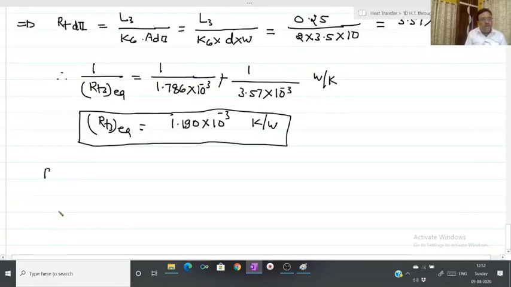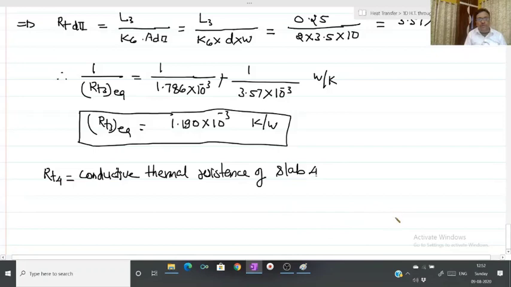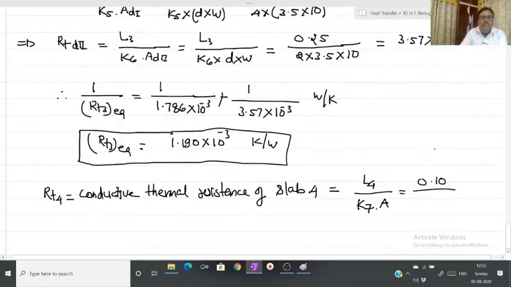Now comes RT4, that is conductive thermal resistance of slab 4, and it can be given as thickness L over K, so L4 over its thermal conductivity K7 into area A. L4 is nothing but 0.10. Let me check the value of L4.